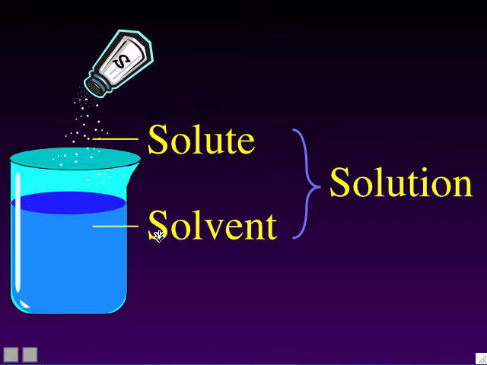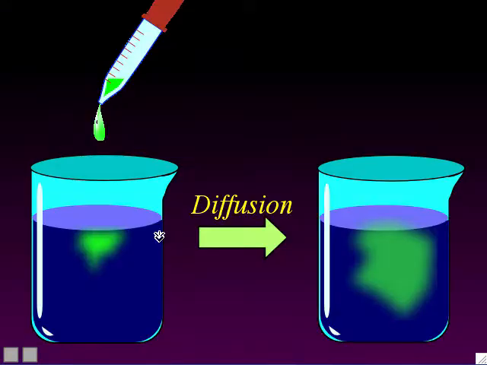And to illustrate diffusion, rather than using the salt here, I'm going to use some green solute molecules. So imagine you had a dropper full of some sort of green ink, and you had a beaker of water. And let's say that you put that drop of green ink into the water.